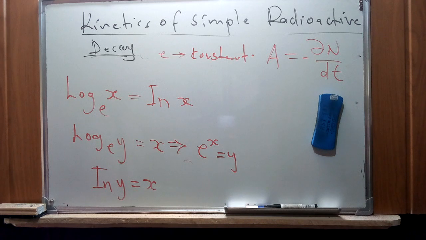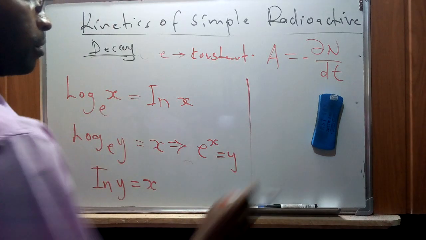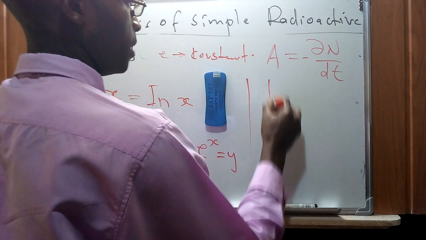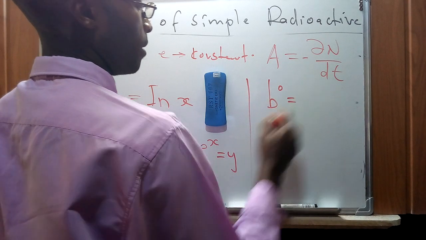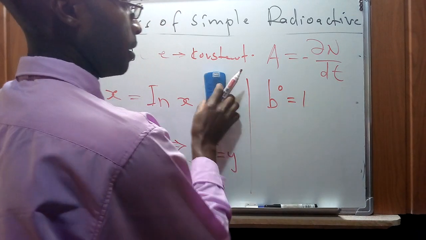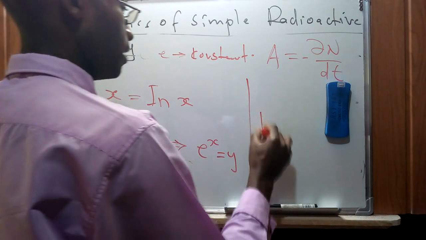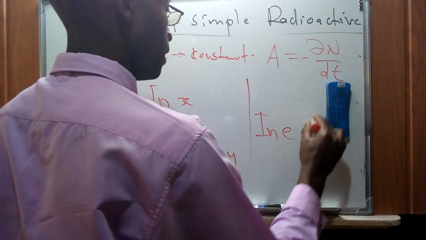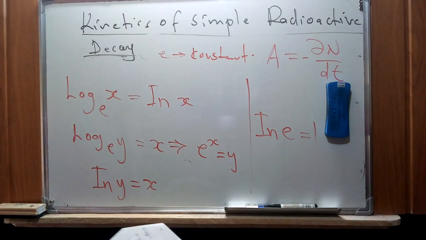Now in this case, we are also going to find that there are specific rules. For instance, we know that maybe from indices, the laws of indices, a number b raised to power 0 is equivalent to 1. Now in that respect, the natural log of a number e will always be equivalent to 1.